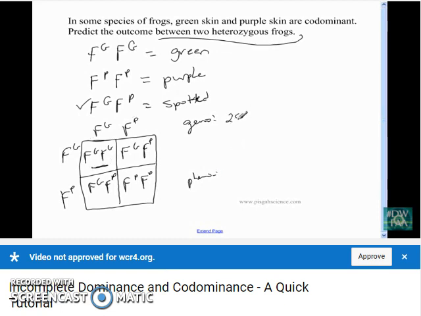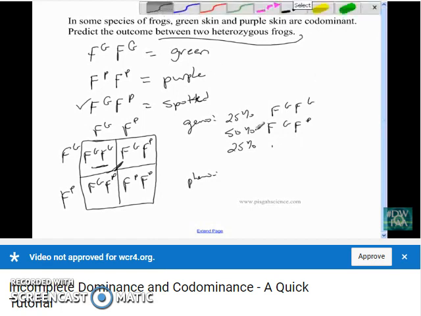I got 25% that looks like this. I've got 50%, these two here in diagonal, our FG, FP. And then that last one in the little corner down there, FP, FP.